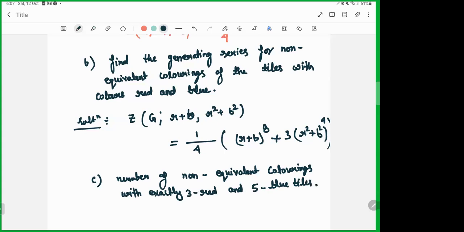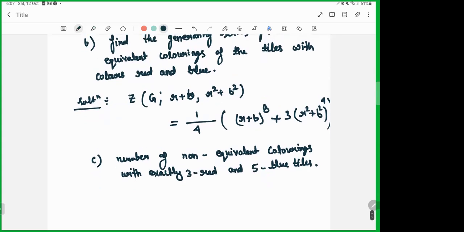So how do we compute it? We need to find the coefficient of r cubed b to the power 5.